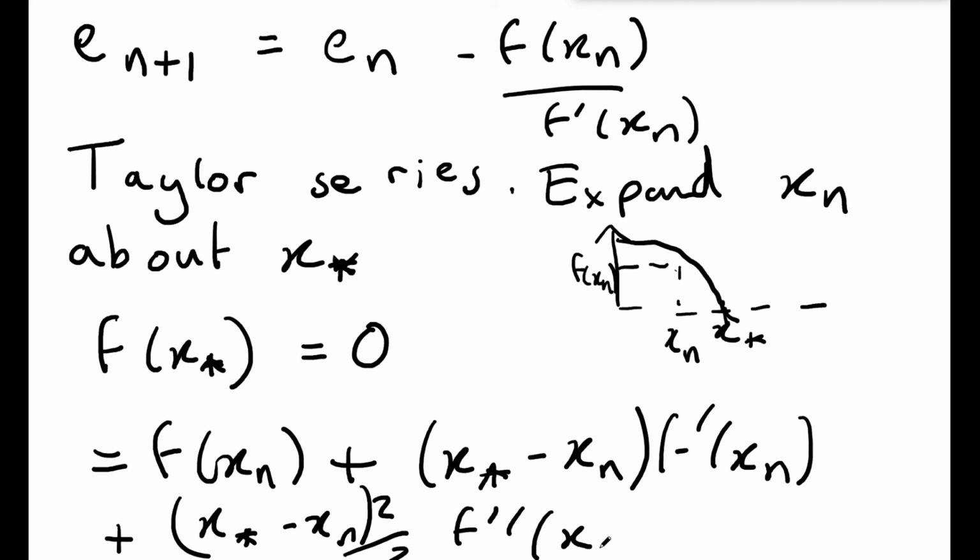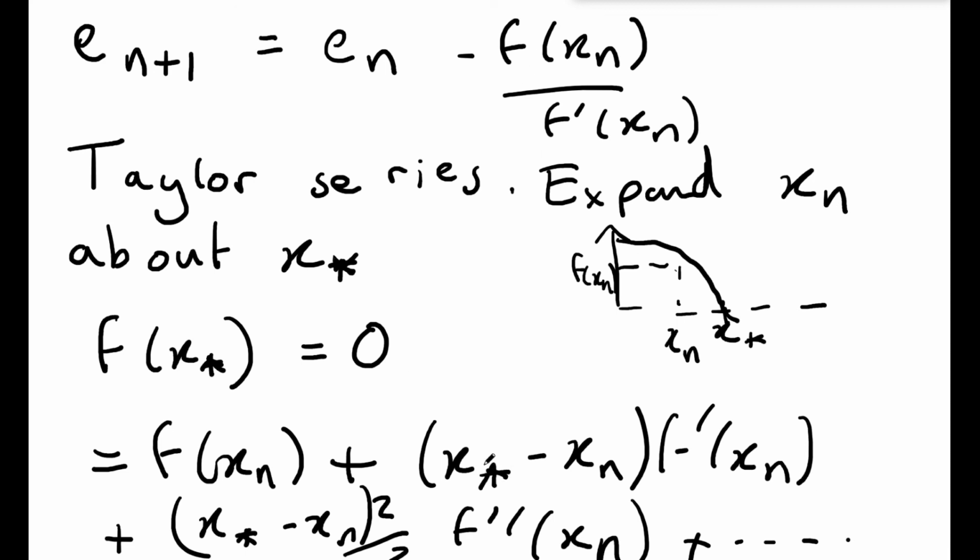I'm just going to do it like this at the minute, and then I'm going to introduce some other trick that's very useful here. But this would be your Taylor series.